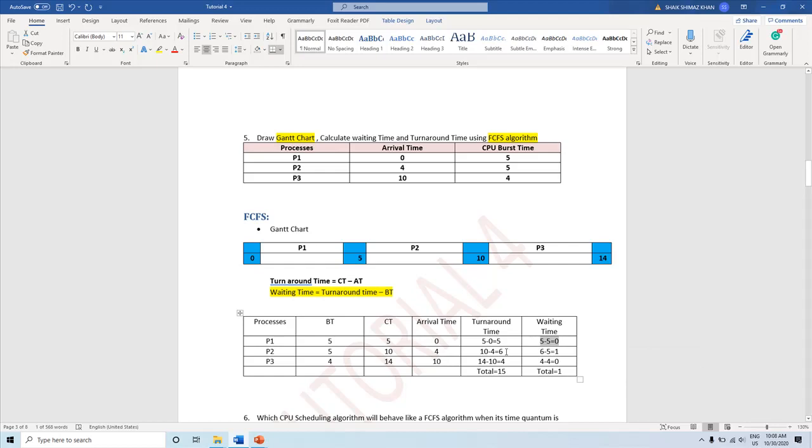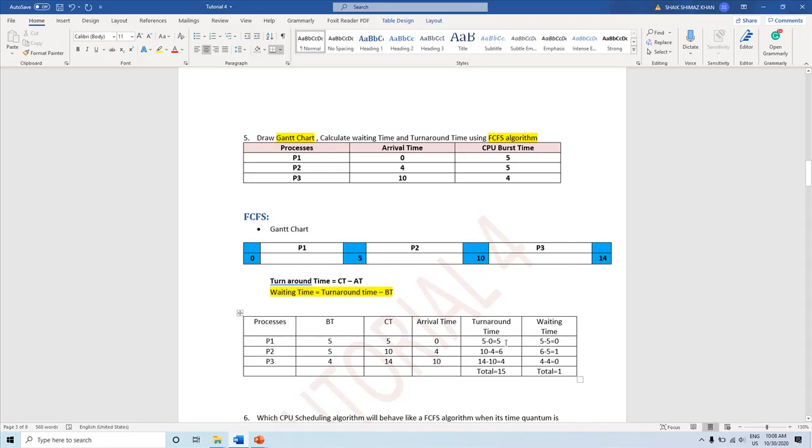And similarly, the P2 waiting time is turnaround time of P2, 6, minus burst time of P2, that is 5. 6 minus 5 is 1. Then turnaround time of P3 is 4, and 4 minus burst time of P3, 4. 4 minus 4 is 0.